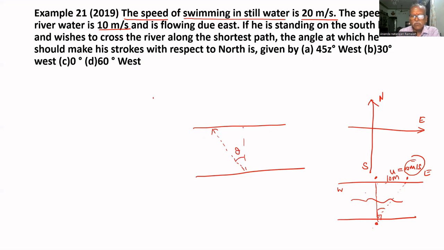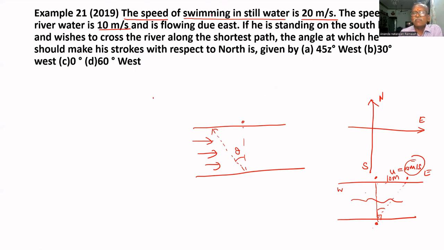If we swim like this, because of the river flow, he will come here. Then it is the shortest path. So what should be the angle at which he should start swimming?